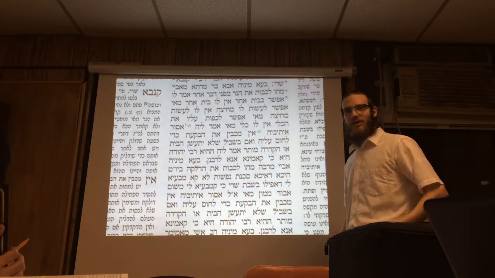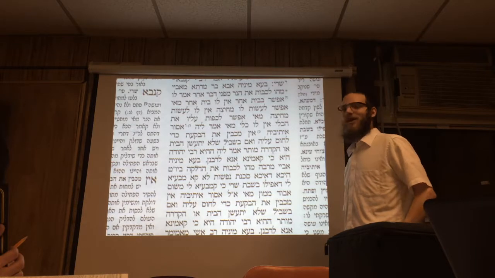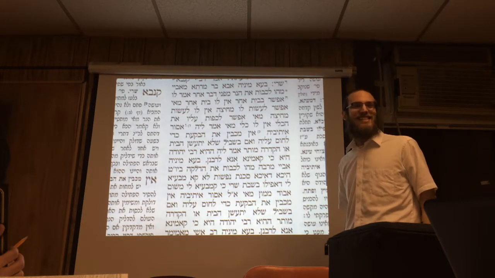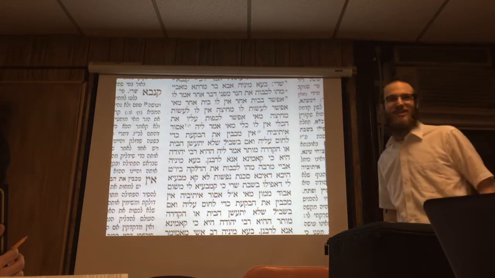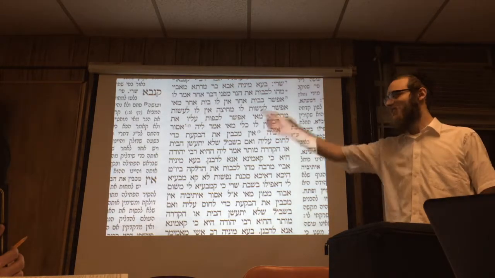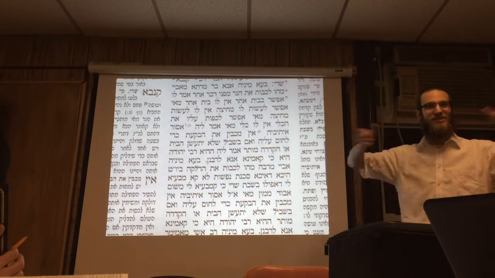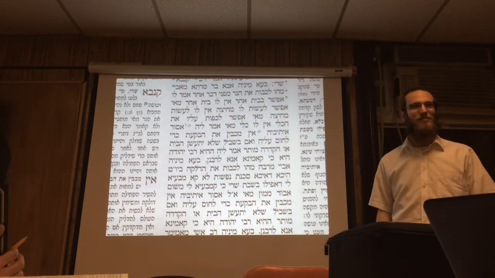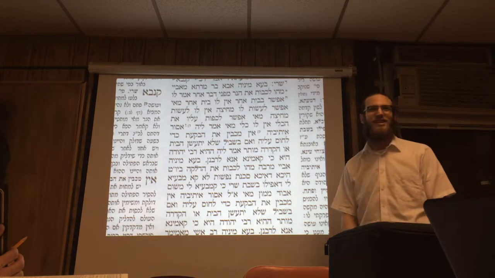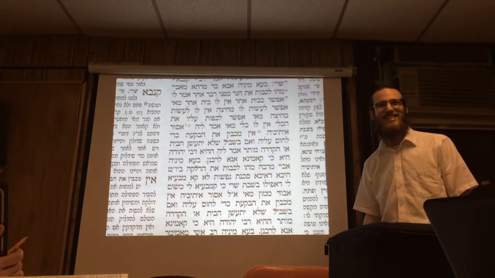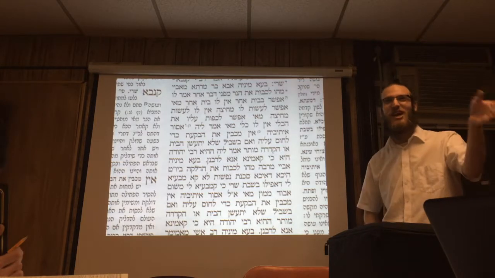So here's the question: is moving this chair, or putting two of these chairs next to each other, building? For example, the mechitzas, the little screens that they put up in most shuls, that's not called building. It's permissible to put those up.